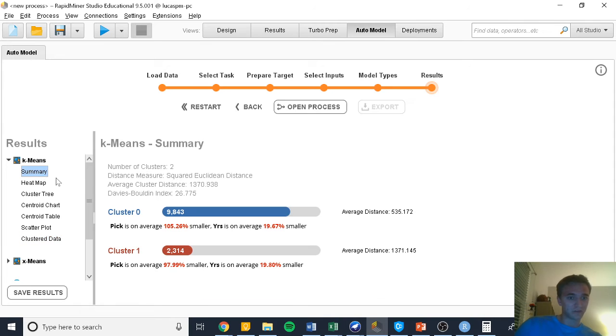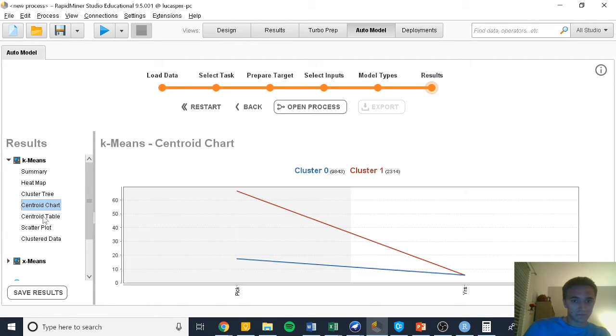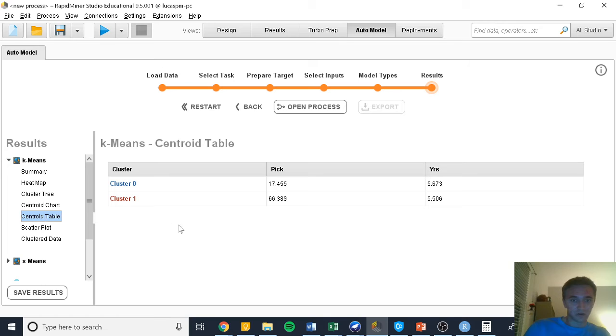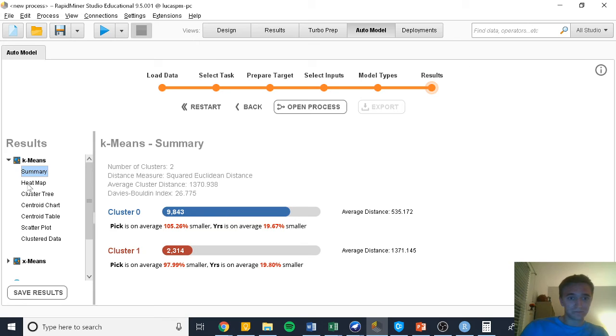It lines up with the decision tree in a lot of ways. A lot more players ended up being in this one cluster versus the other. So the pick in cluster one is on average 66. And so it really clustered around the years primarily here.